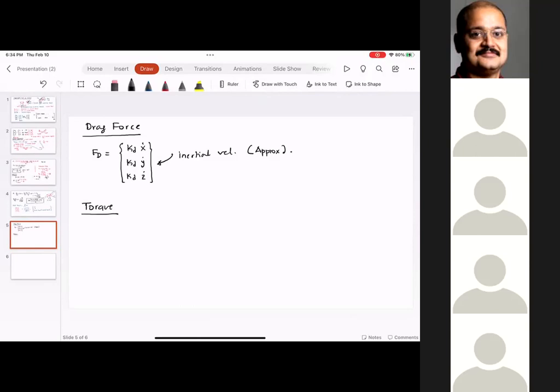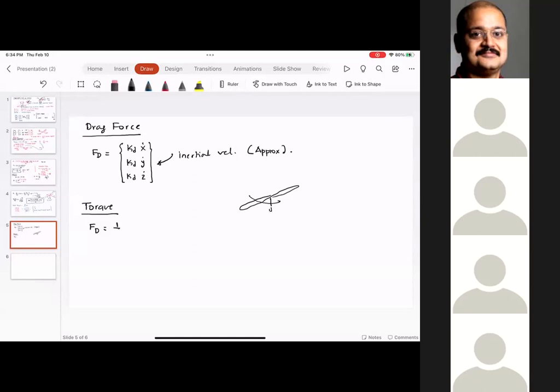Next thing is torque. Now, torque comes from, again, the aerodynamic drag force. So Fd is the drag force acting on the prop. Please understand why this drag force comes in the picture. You have this prop rotating through the air, and as this prop is rotating, there is going to be some drag force, which is nothing but the dynamic pressure multiplied by area multiplied by the coefficient of drag.